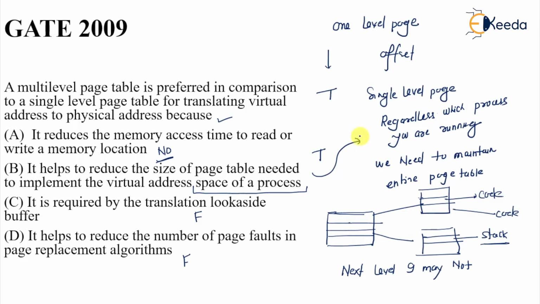But in a single page table, because the offset is implemented this way, I have to maintain the entire page table. In multi-level, it can be scattered, with only these entries present. The rest are of no use, so I will not swap them in and they will remain on disk. So the space per process is reduced by this.